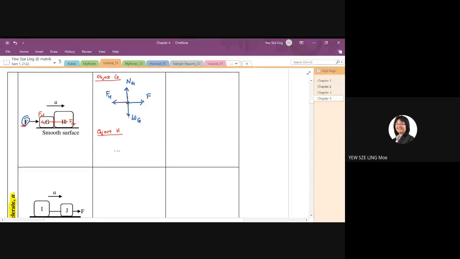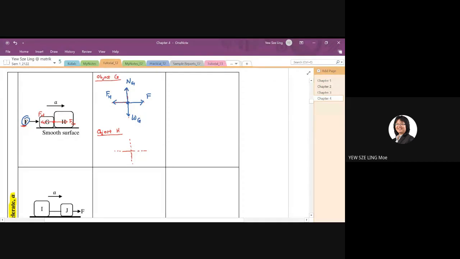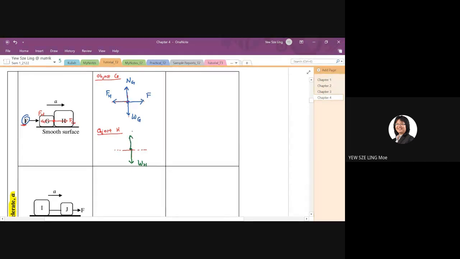Now, how about object H? Again, object H is an object. Every object comes with weight. So you put a weight here. So this is WH. And then you put it on a surface. Therefore, now you have a normal force. So normal force NH.